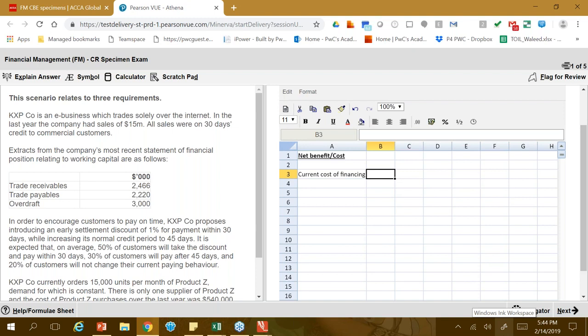Can someone help me here? How we can find the current cost of financing the receivables?